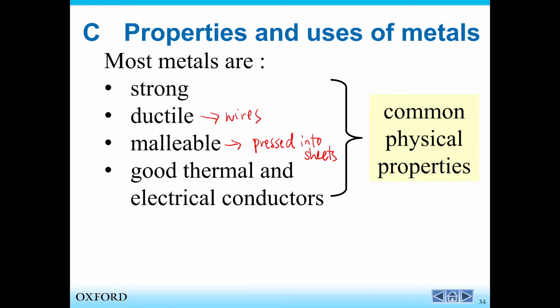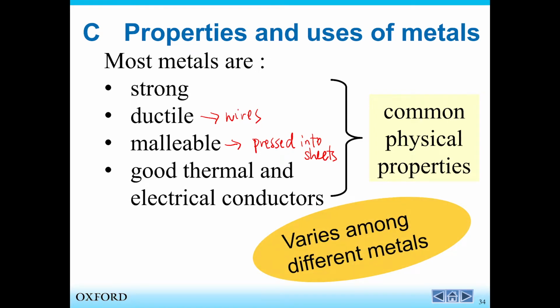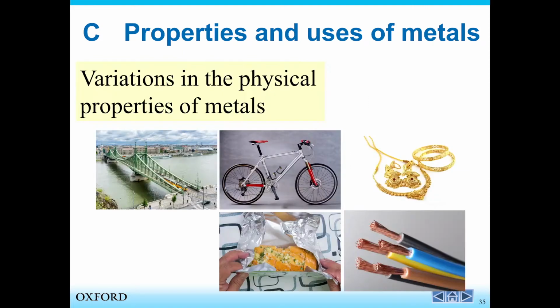Not all metals are malleable, ductile, and strong, and it varies among different metals. Because of these variations in their properties, we use each of these metals for various applications. In the previous video we learned that aluminium, here you can see an aluminium sheet, is one of the most abundant metals. That doesn't mean you can keep extracting aluminium and use it for everything.